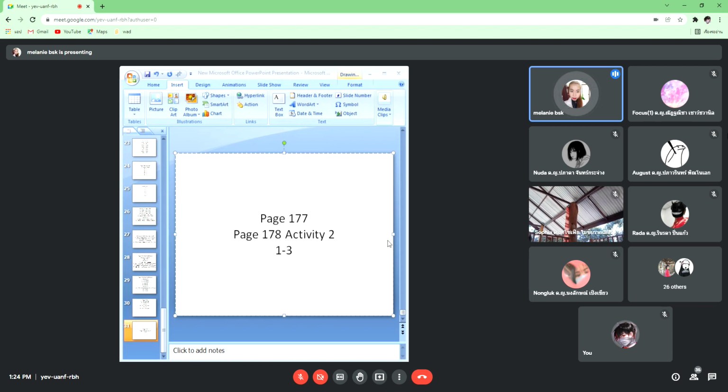Okay. Now we're going to move on with activity number 3. We have here the radius AB. Where is the radius AB in here? Do you have your ruler with you, children? Yes.